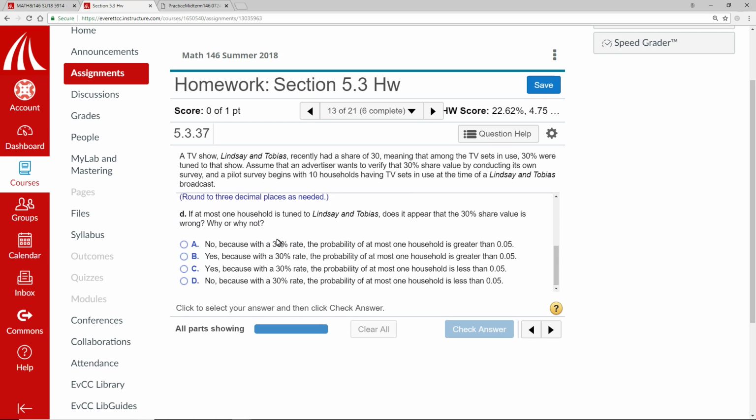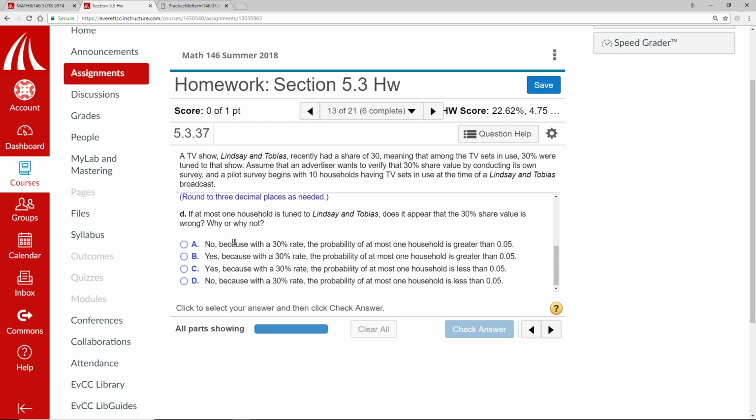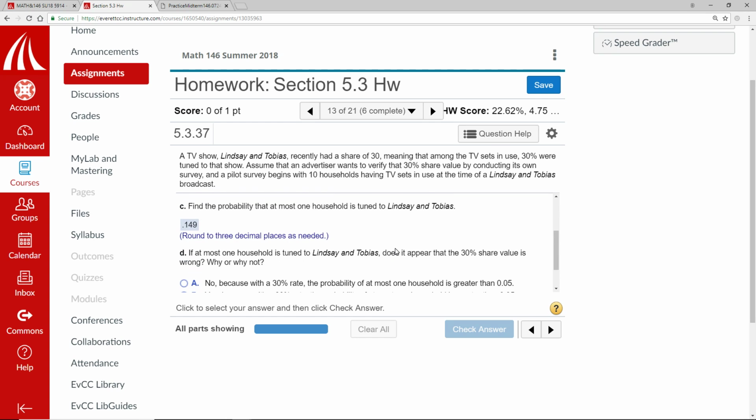Well, if at most one, what I got for at most one was 0.149, so that's actually greater than 5%.